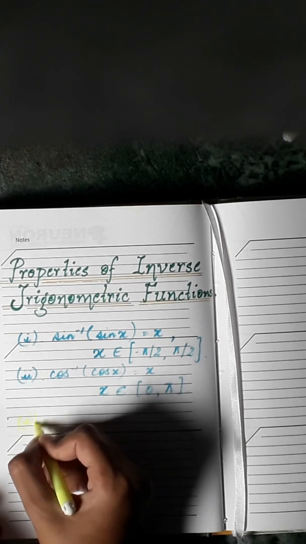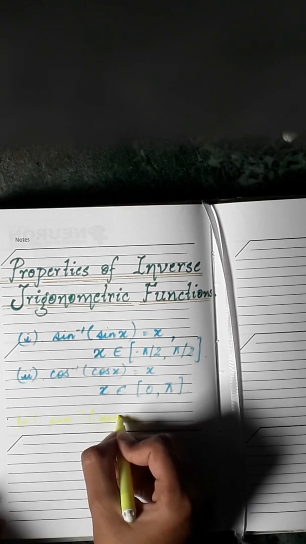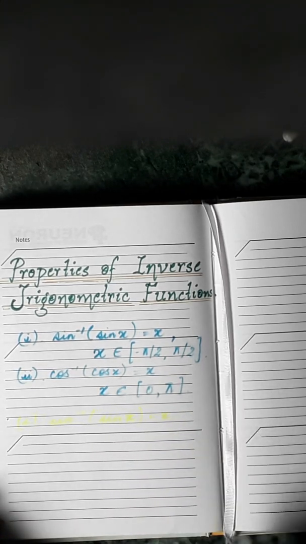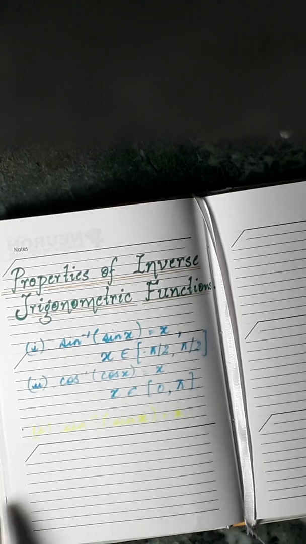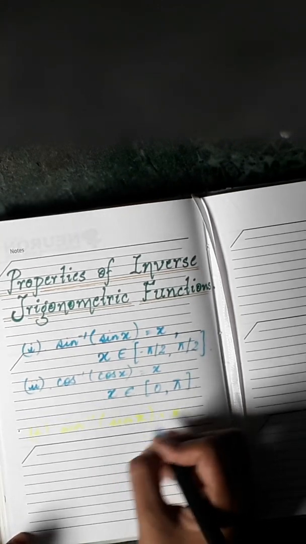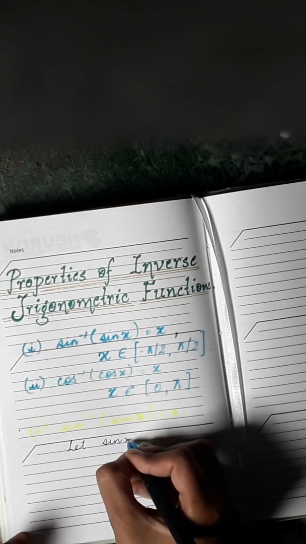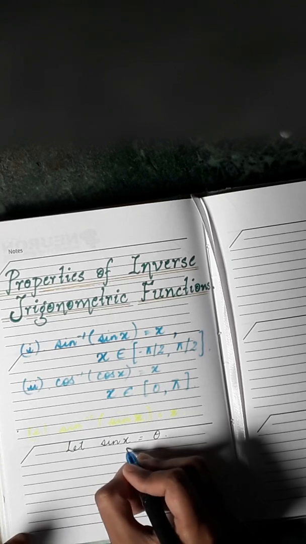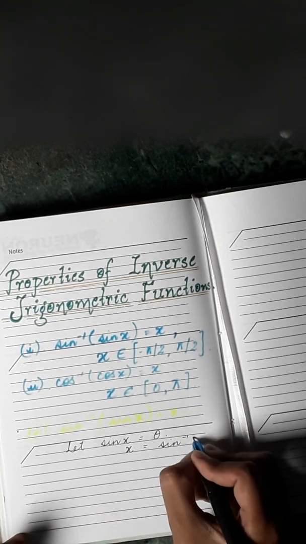First one is sine inverse sine x is equal to x. So what is the first step? First of all, you have to let sine x as theta. So now what will be x? x is equal to sine inverse theta.